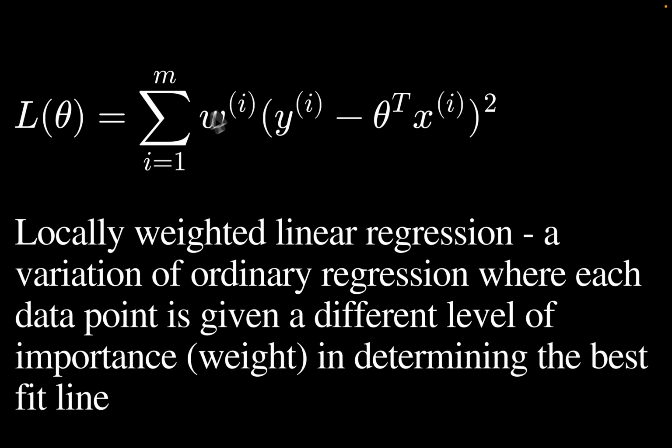It affects only the loss function, because the prediction, when we just multiply x by theta, is always the same, just like in the linear regression itself. The only difference is the loss function.